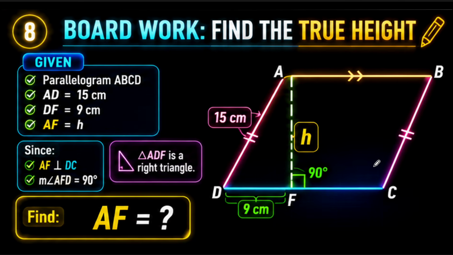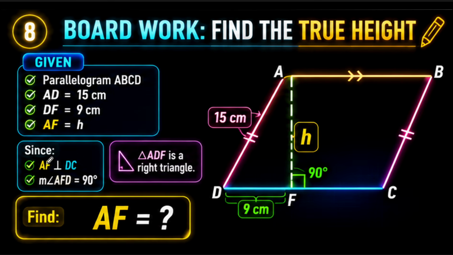So now let's have a given board work here. We have the parallelogram ABCD. This time we're going to have numbers. So AD is equal to 15 centimeters, which is here, the slant height. And then DF is 9 centimeters, and then AF is the missing part.